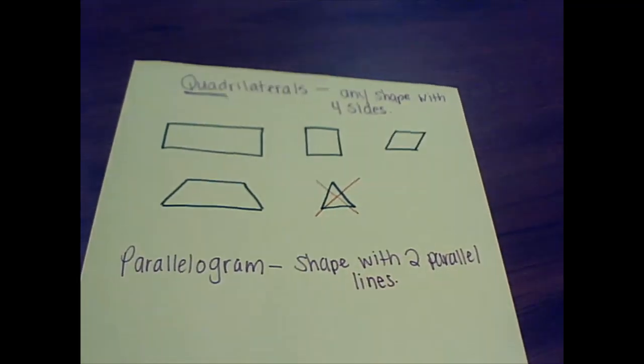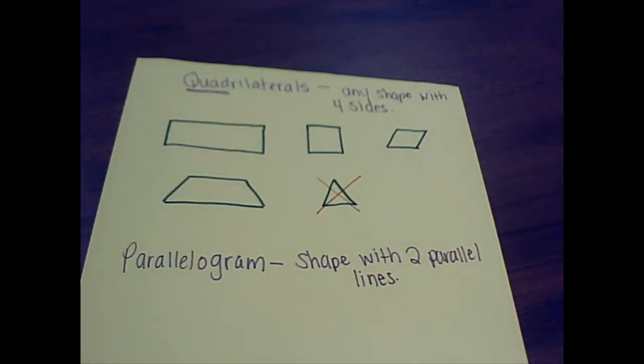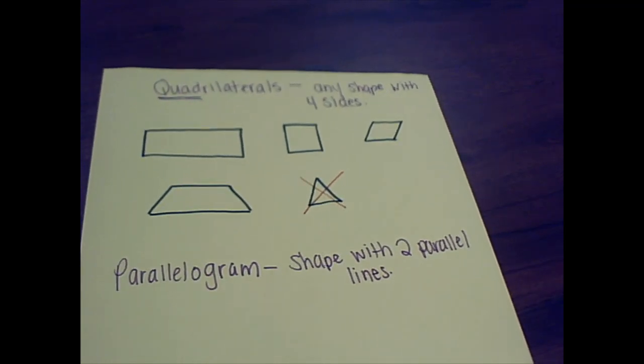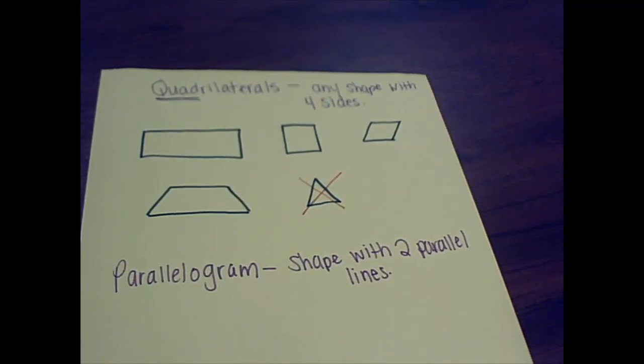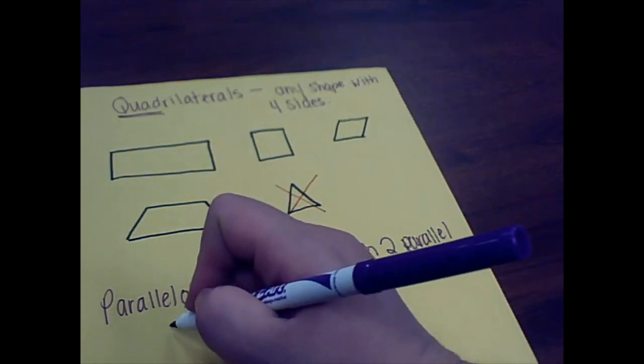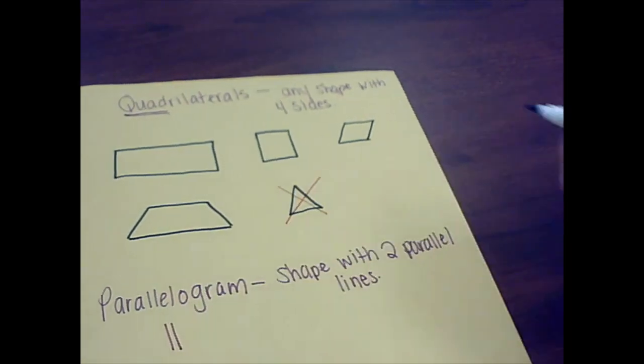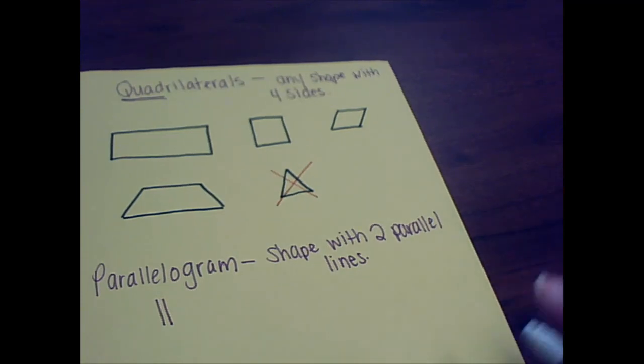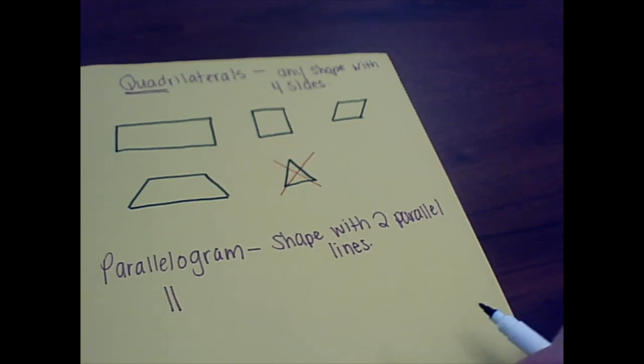Okay, so a parallelogram is any shape with two parallel lines. And it's important that we know that parallel lines are two lines that are the same distance apart and never touch. So the sign for parallel is that. Okay, they're the same distance apart, but they never touch. That's really important to know.